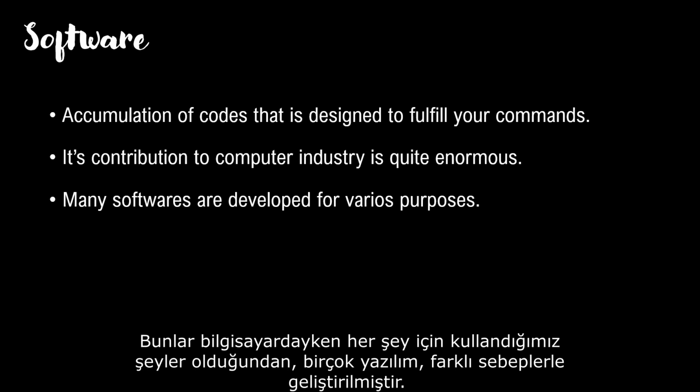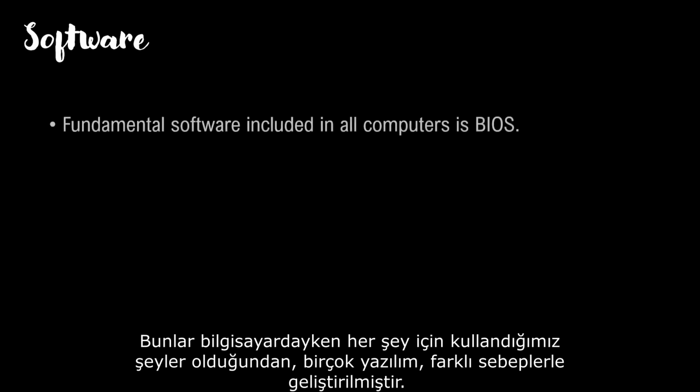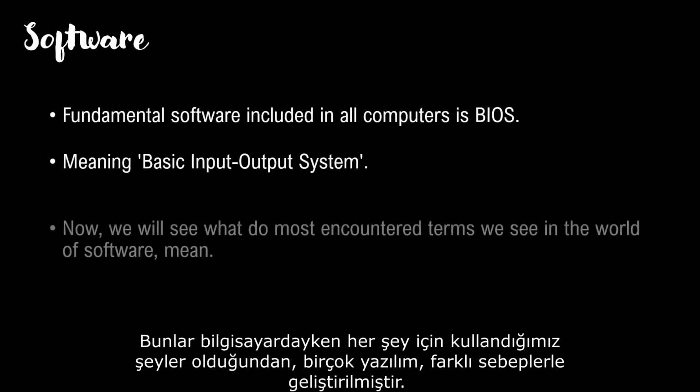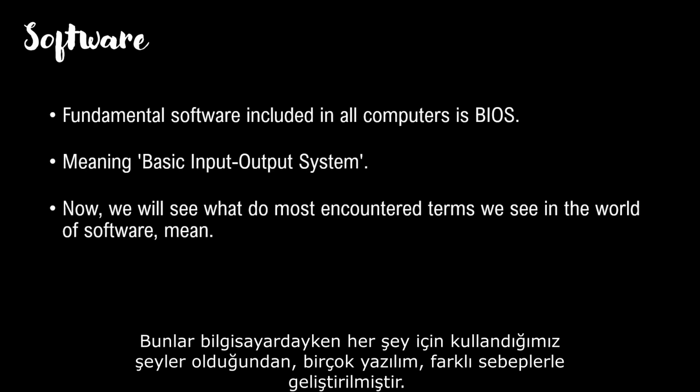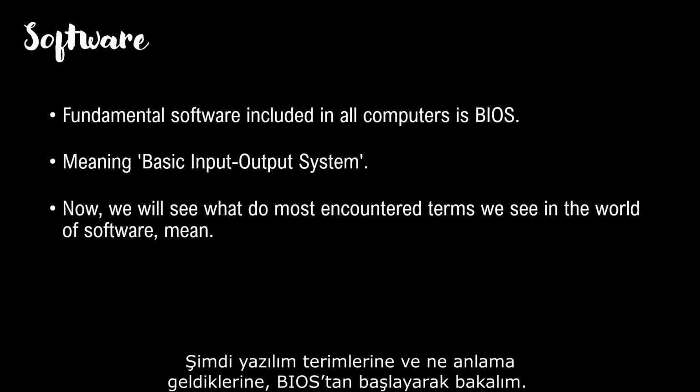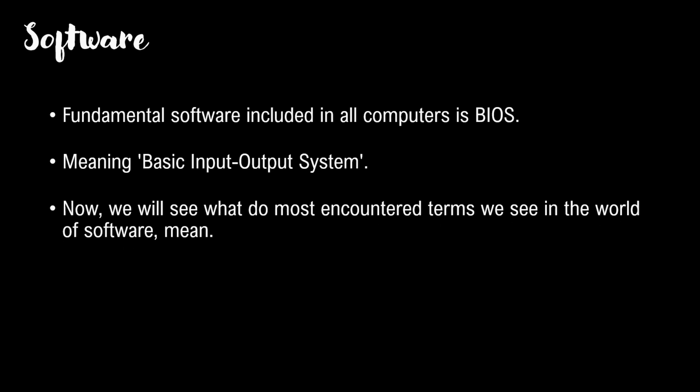Since these are the things we come across literally every time we use a computer, there are many softwares developed for various reasons. Now, let's see what these software terms are, what do they mean, and what do they do, starting with BIOS.